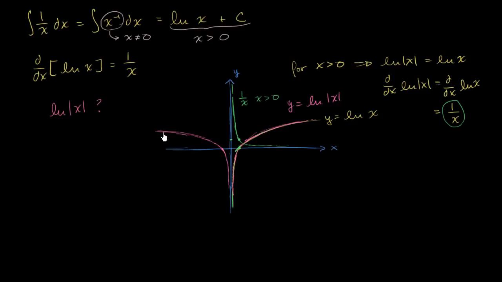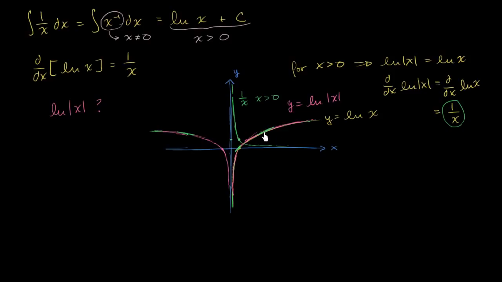Now, what is the natural log of the absolute value of x doing over here? When we're out here, our slope is very close to 0. It's symmetric. Whatever the slope is over here, it's the exact negative of the slope at a symmetric point on the other side.